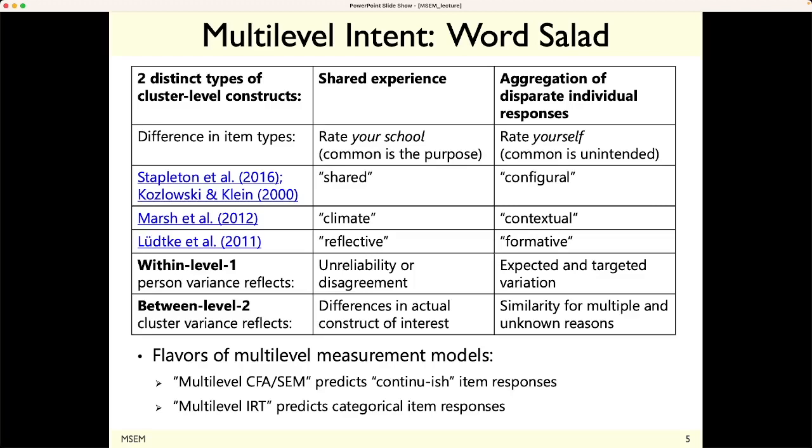Then in that case, really it's level 2 theta where the focus would be in terms of how you would talk about this. And any variability that's left over within a cluster either represents unreliability from one perspective or disagreement from another. Maybe there are some workshops in which the participants are more homogeneous in their evaluation, and there are others where the participants disagree.